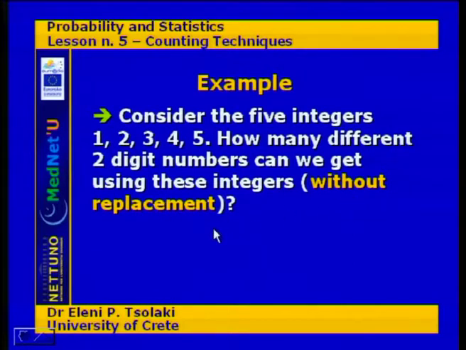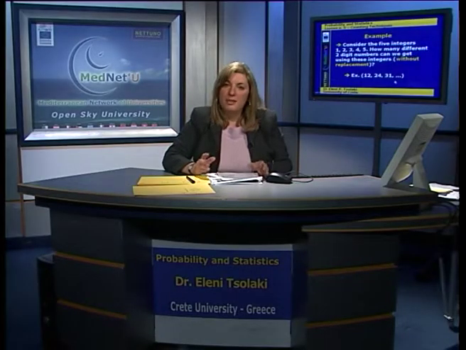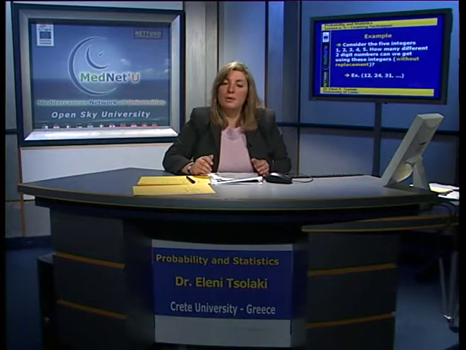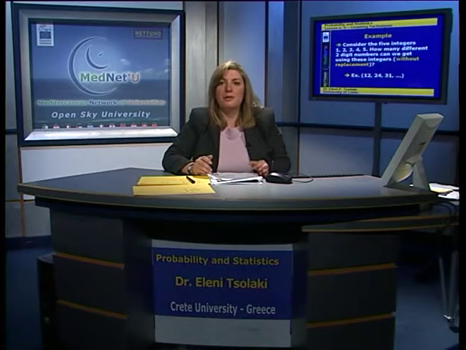For example, we have number 12, number 24, number 31, and so on. When we say without replacement, we mean that we cannot use the same integer 2 times. So we cannot, for example, have number 22, number 33, and so on.